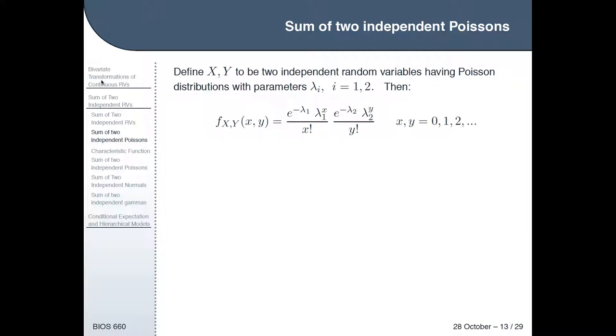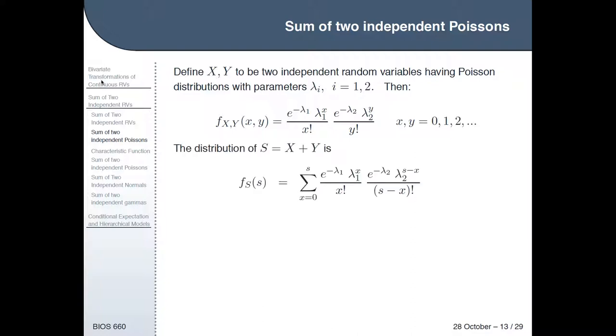Say we want to find the sum of X and Y, but first we'll calculate the joint density, which of course is just the product of the marginals, or joint PMF, we should say in this case.